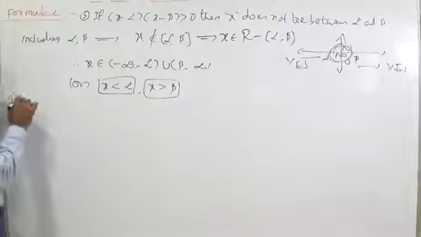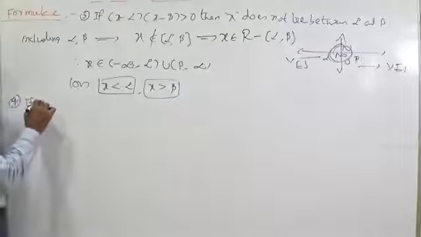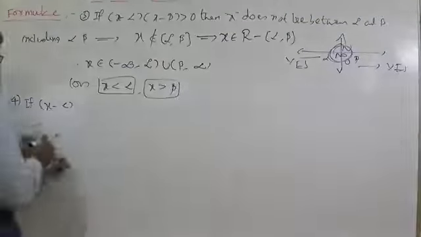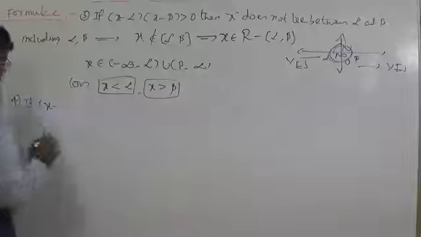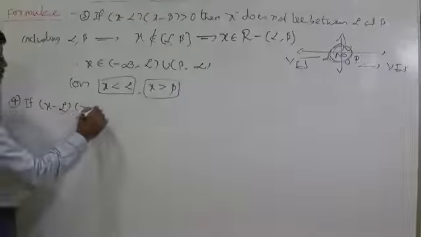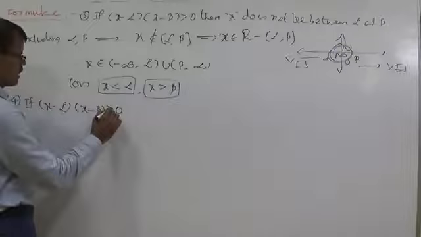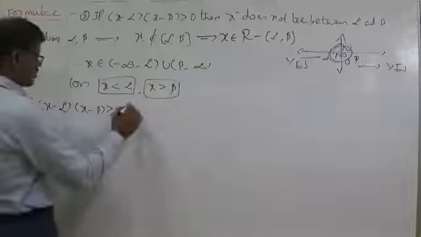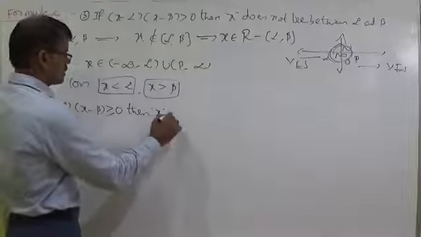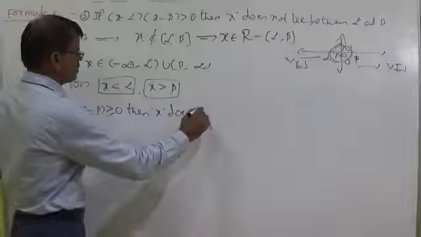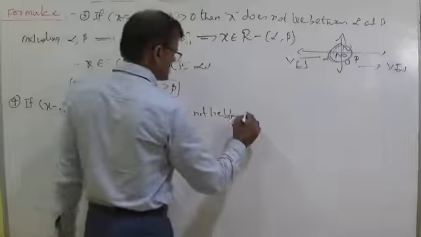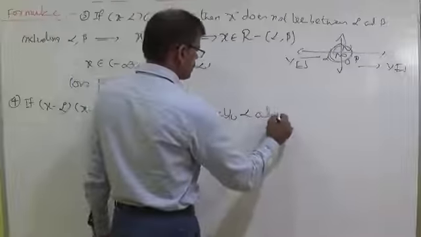Next, try to understand another formula. Concentrate on this formula because you may get confused regarding it. There is no need to get confused, these are very easy and very important formulas. If x minus alpha into x minus beta is greater than or equal to 0, then x does not lie between alpha and beta.